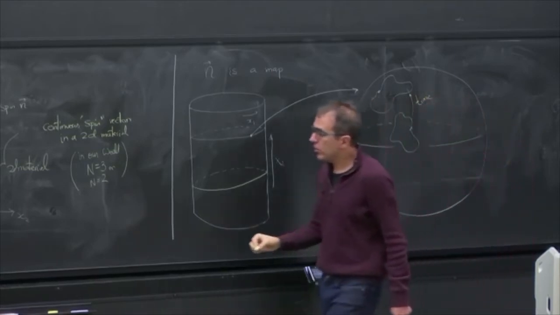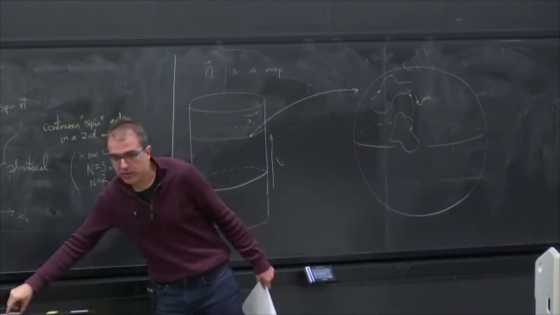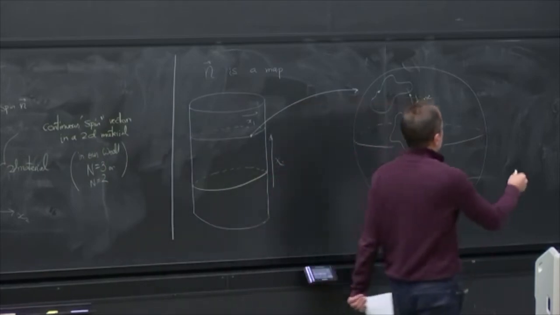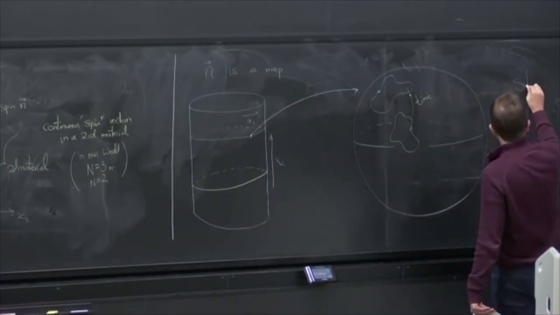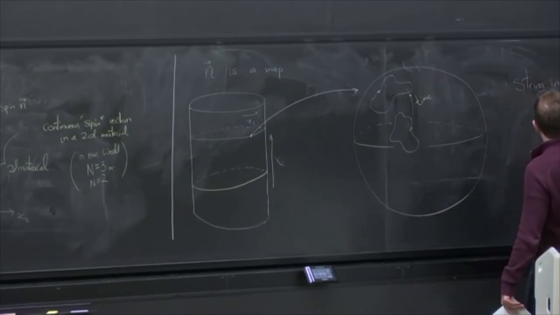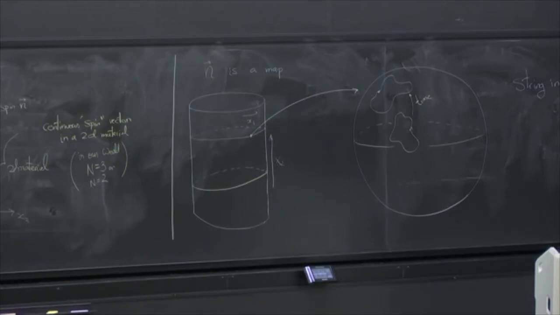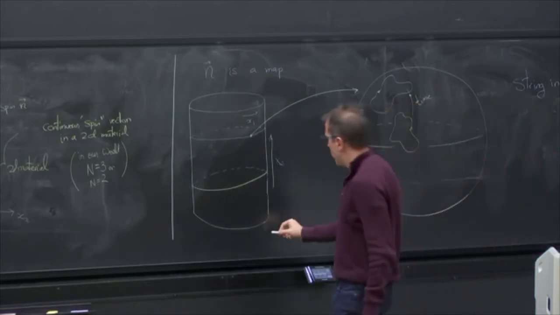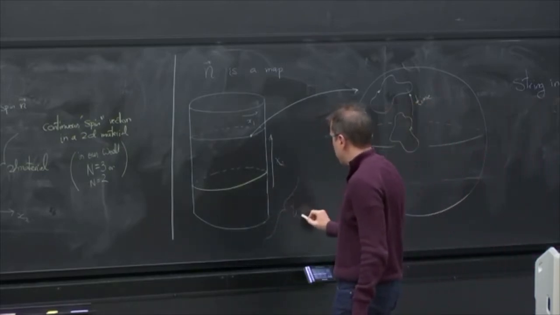So another way of thinking of this model is that this could describe a string in some Sn, in some n-dimensional sphere. In this case, we call this Sn, where the map goes, the target space. And the cylinder, where it comes from, we call the world sheet.